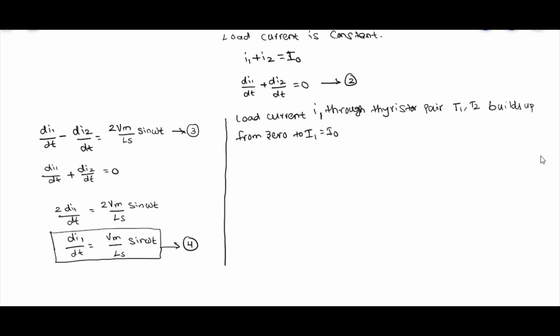Don't get confused: this I1 is the instantaneous value of current, and this I0 is the average value.